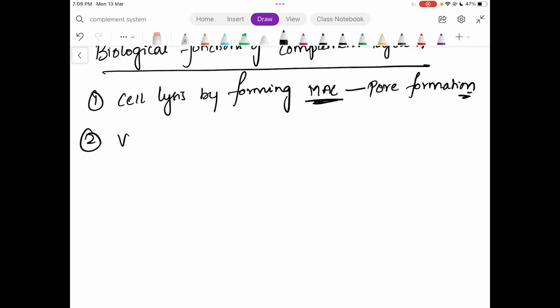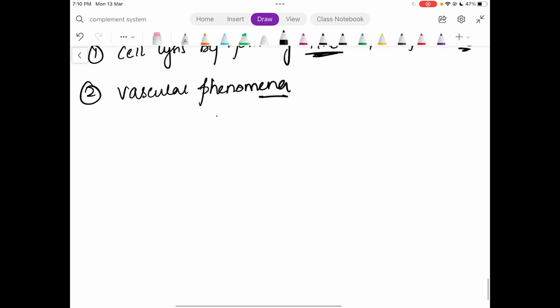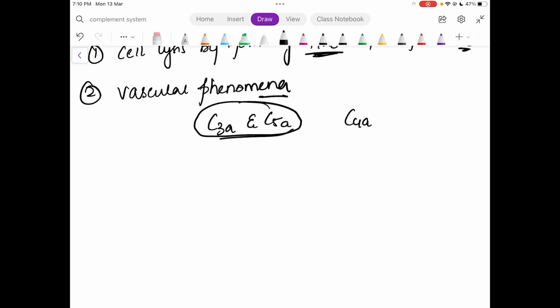Next, they will have vascular phenomena. What is this vascular phenomena? We have seen C3A and C5A are released whenever C3 is converted by C3 convertase and C5 is converted into C5A and C5B with the help of C5 convertase. And we have seen C4A also. This is least important.